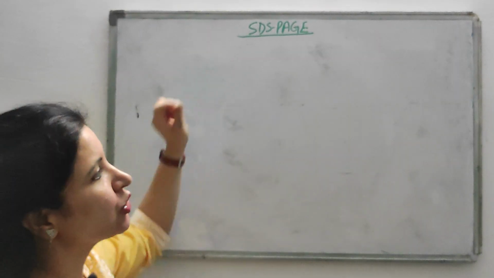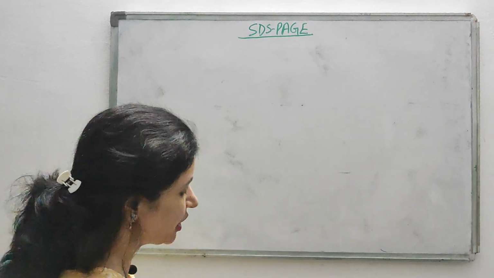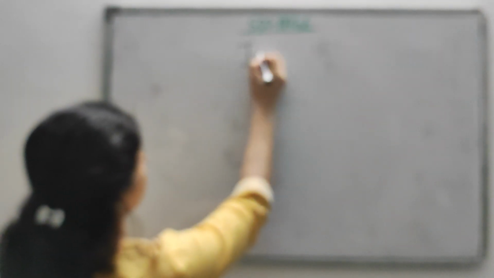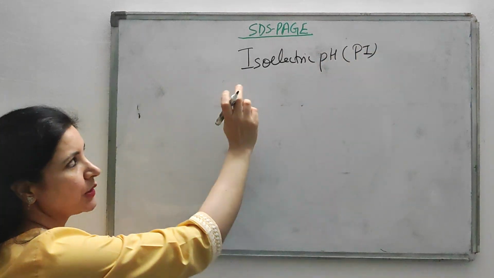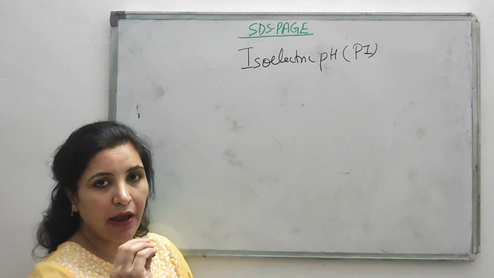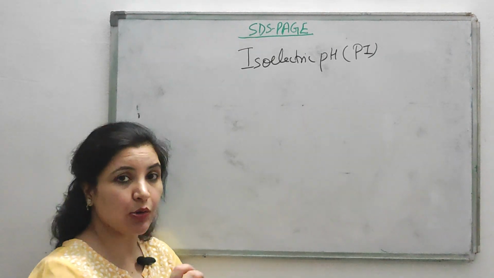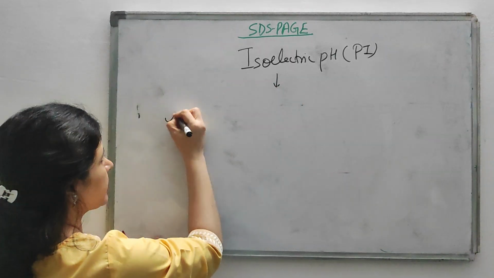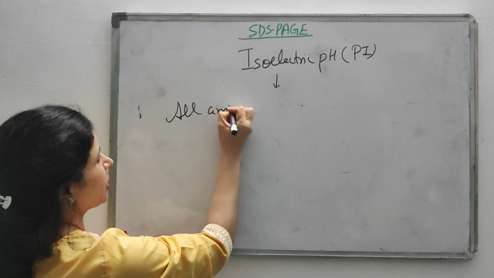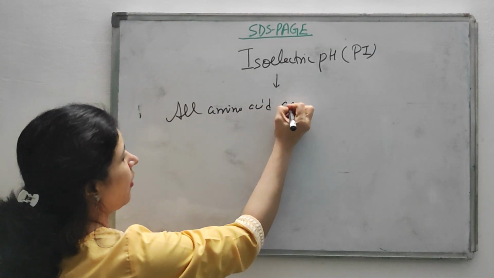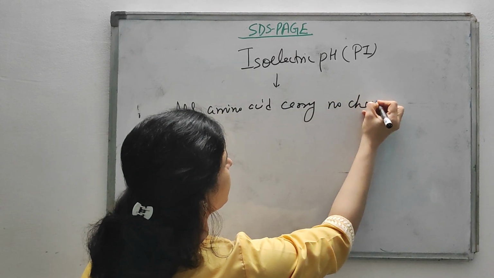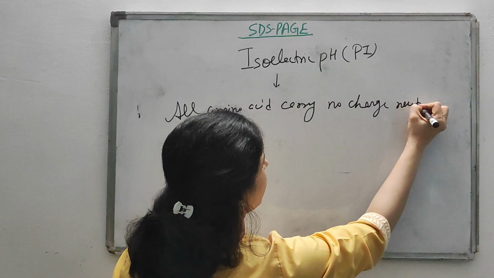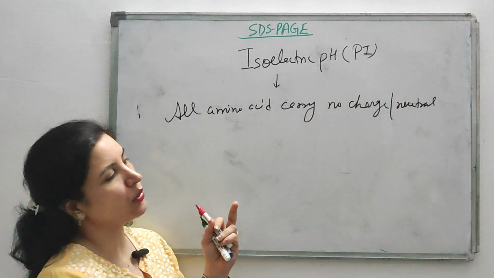Before that you should have a basic idea of what is isoelectric pH or PI. Isoelectric pH is also known as PI. Every amino acid and protein has a particular pH at which it carries zero charge.